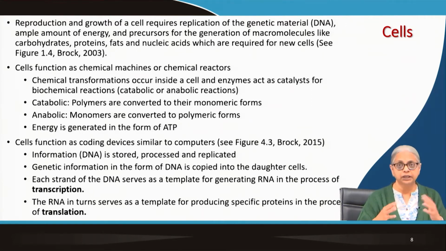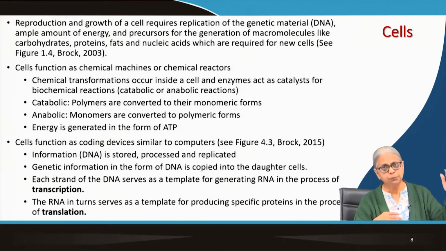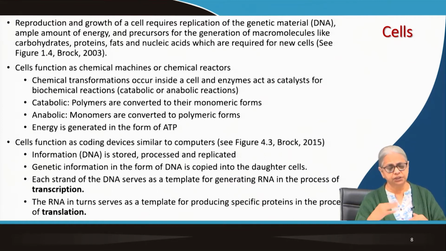So whether they are catabolic or anabolic, catabolic means breaking down and anabolic means building up. So you have polymers being broken down to monomers, which is catabolic, and then monomers being used to build new polymers, and that's anabolic.